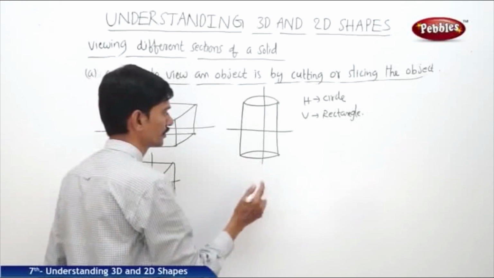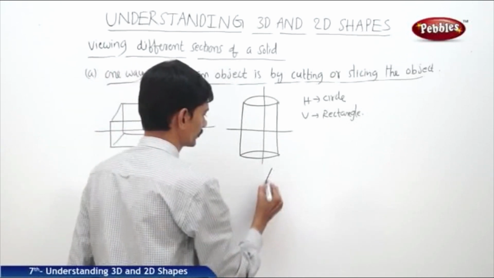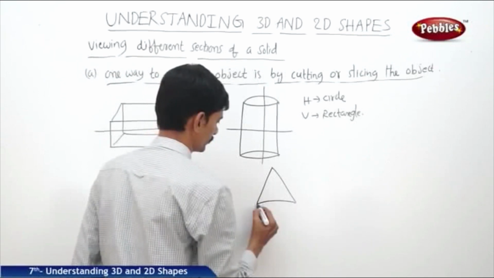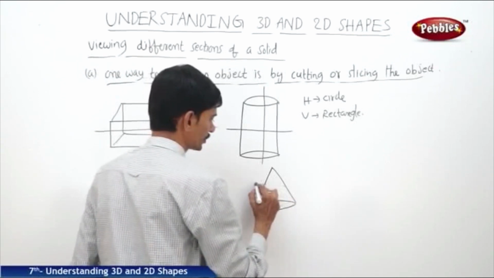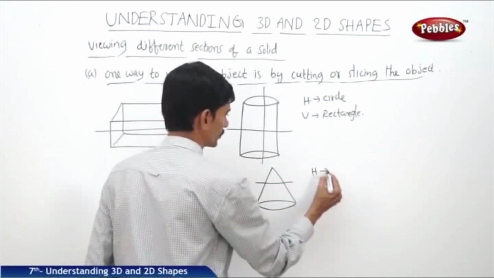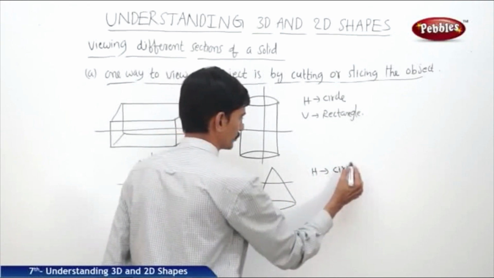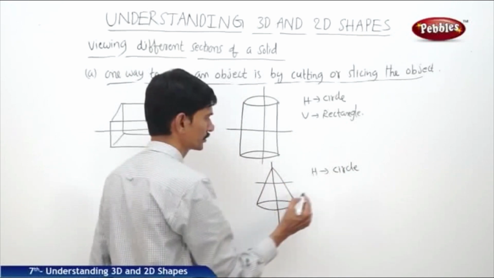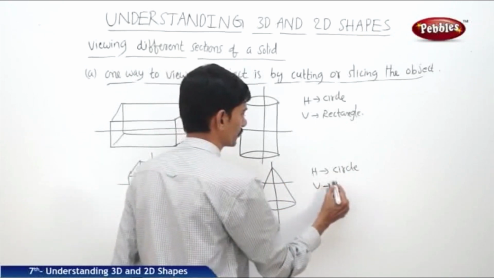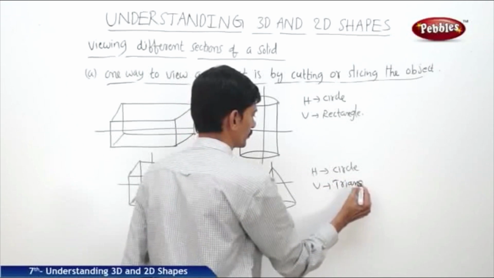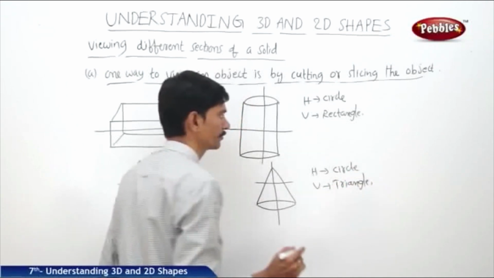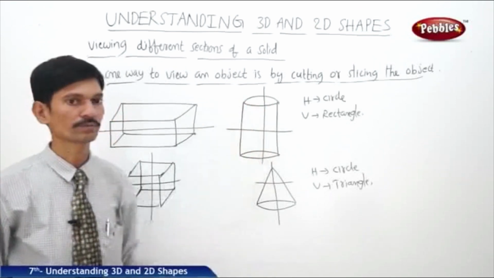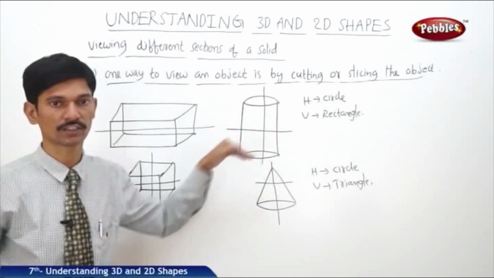And if you take any cone, if you cut horizontally, then you will get a circular shape, and if you cut vertically, then you will get a triangle. So you get different shapes by slicing the given solid object horizontally or vertically.